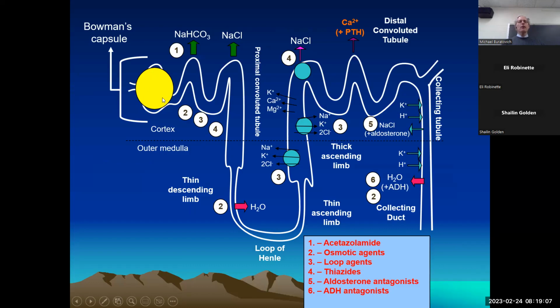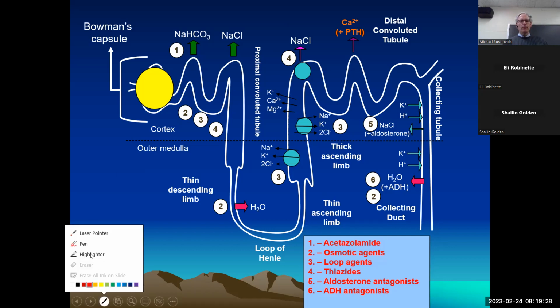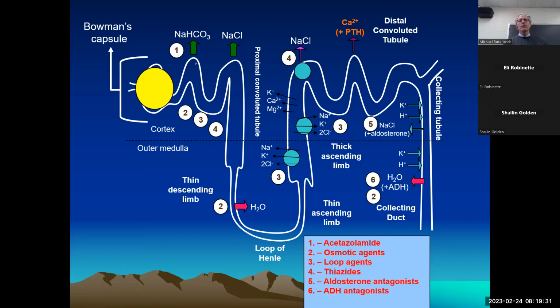The Bowman's capsule is continuous with the proximal convoluted tubule. 65% of the solutes and solvent are recaptured by the proximal convoluted tubule. This is all due to active transport, by which you recapture various solutes. So you recapture glucose, you recapture bicarbonate, you recapture sodium and various other things.